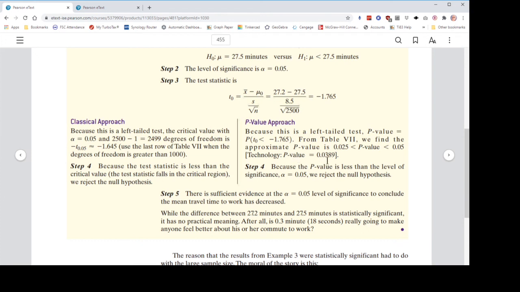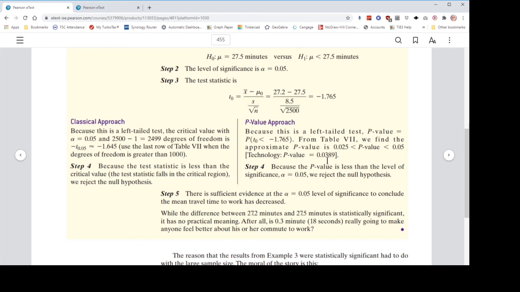So if the p-value is less than the alpha value, we get to reject the null hypothesis. The probability of making a type 1 error based on our sample data is less than what we're allowing for. So we get to reject the null hypothesis, which means there is sufficient evidence to conclude at the 0.05 level of significance that the mean travel time to work has decreased.